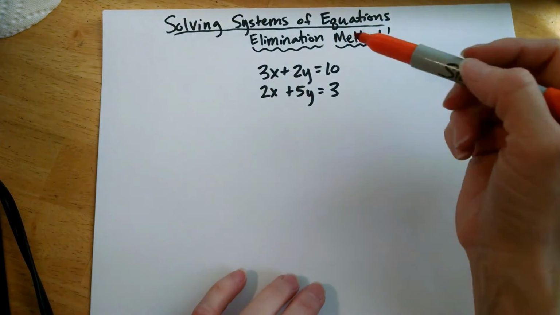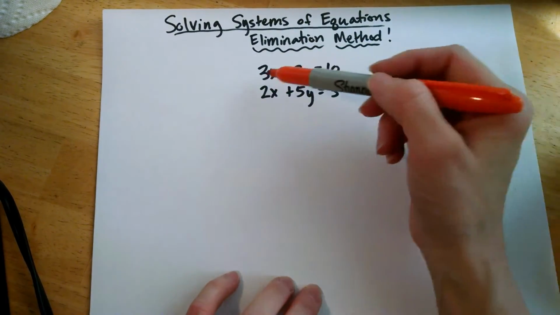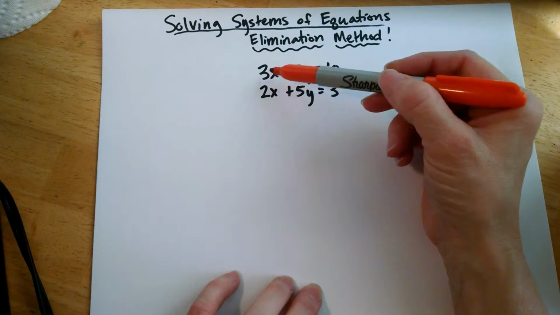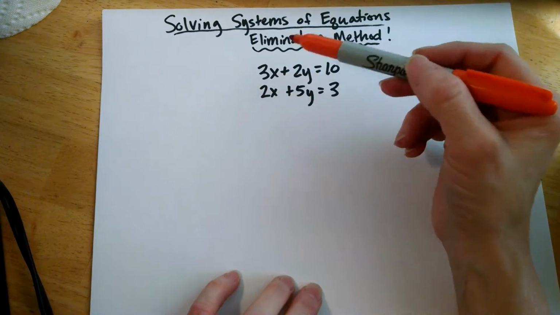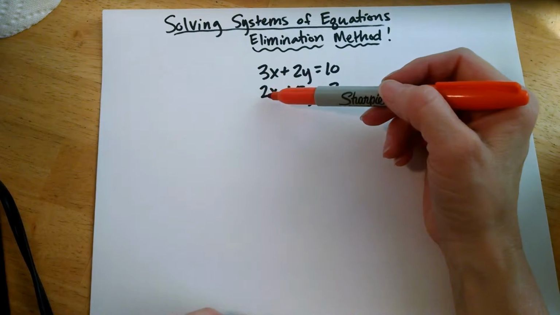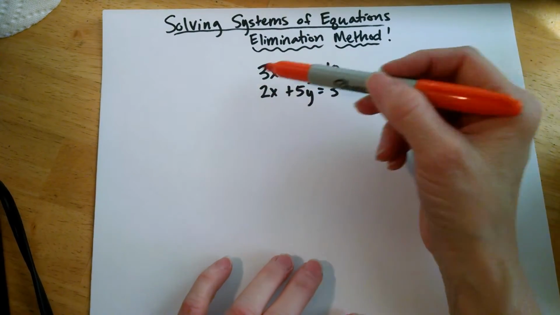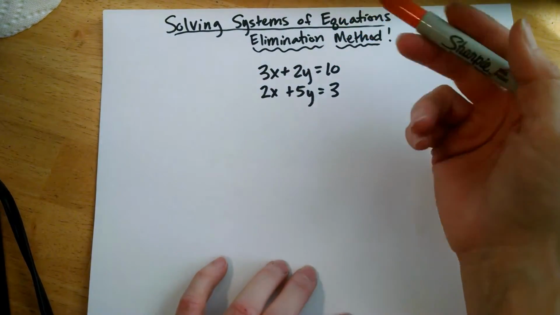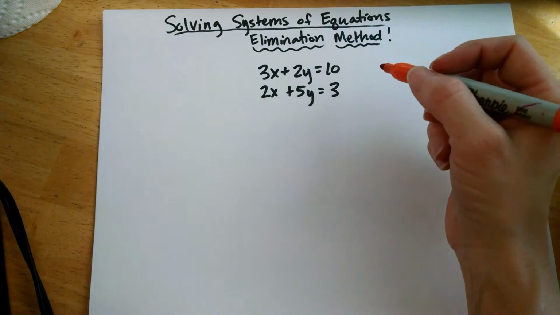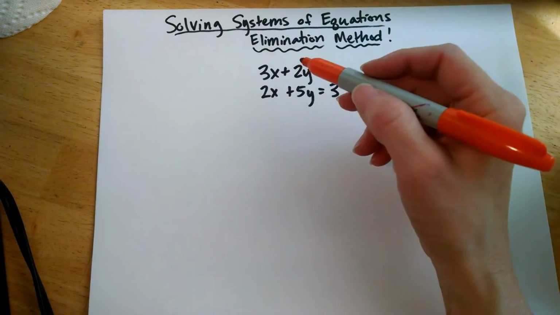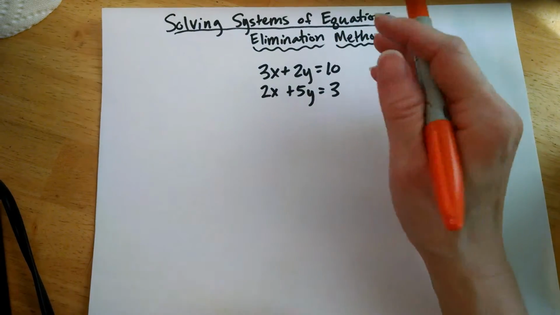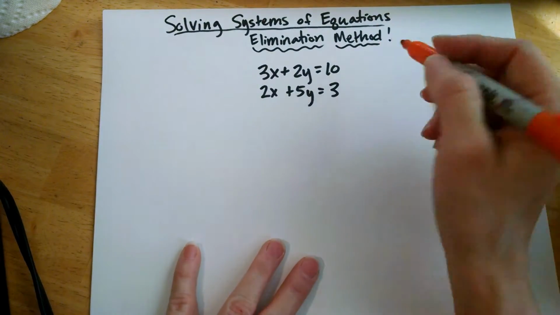So I need to figure out what I need to multiply by the first equation to make this number match this number. Of course 3 can't become a 2 or a 2 can't become a 3. So I need to figure out what I need to multiply by each of these to make them match. So the smallest number, I like small numbers, that both 3 and 2 can go into is 6.